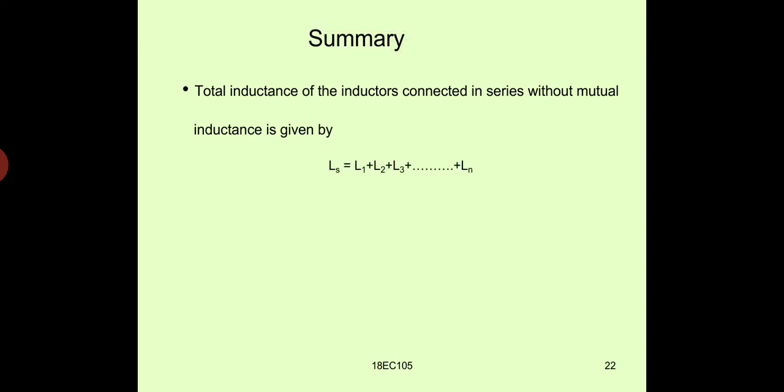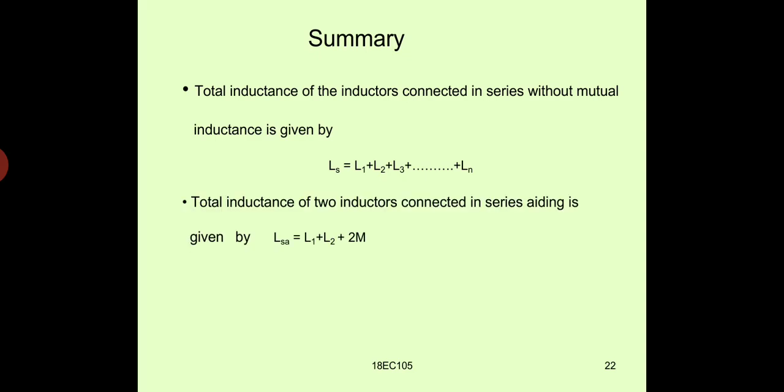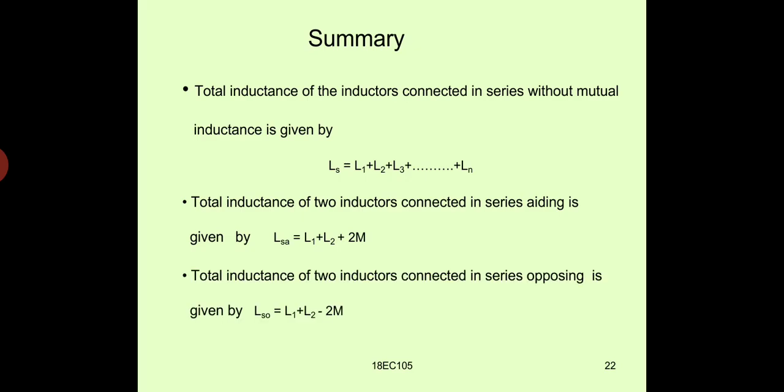The total inductance of two inductors connected in series aiding is LSA, which is equal to L1 plus L2 plus 2M. Similarly, the total inductance when they are connected in series opposing is LSO, which is equal to L1 plus L2 minus 2M.